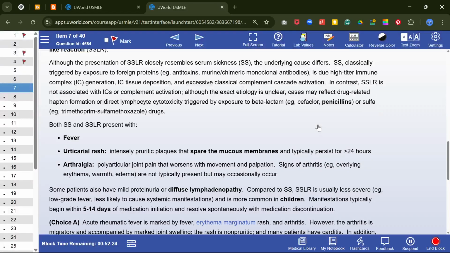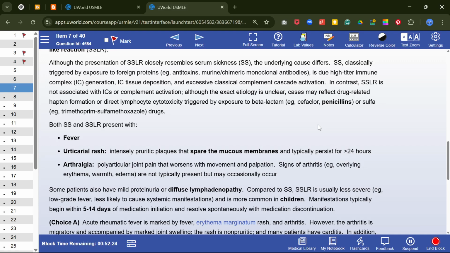Both serum sickness and serum sickness-like reaction present with fever, urticarial rash, and arthralgia. Fever, urticarial rash, intensely pruritic plaques that spare the mucous membranes and typically persist more than 24 hours. Arthralgia, polyarticular joint pain that worsens with movement and palpation.